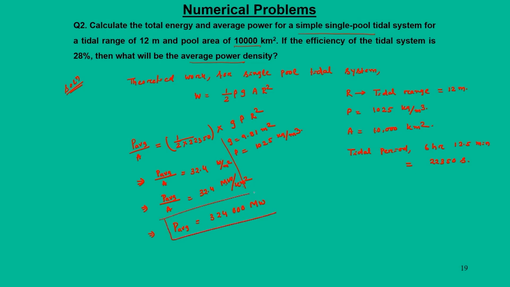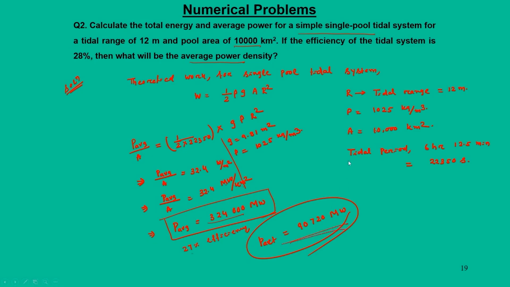This is the average power which is available in the tide, 324,000 megawatt, but even if you tap at 27% efficiency, then the actual power could be 90720 megawatt. That means, just multiply this number with 0.27, and you arrive at this power.